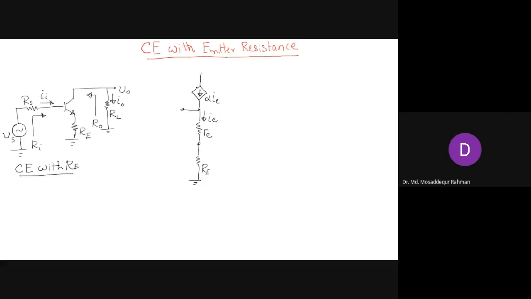So that is the T model, and we have included the RE here, the emitter resistance.